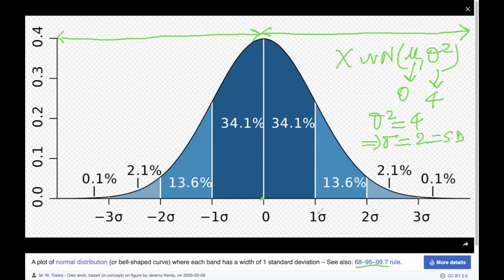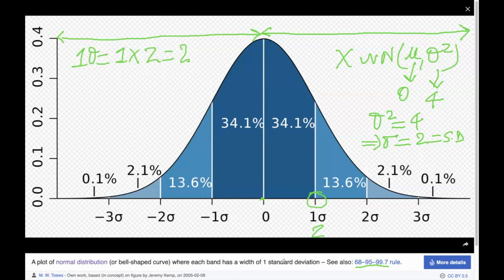So here, what is our first standard deviation? My first standard deviation, that is 1 sigma, is equal to 1 into the value of sigma, the standard deviation, which is 2.